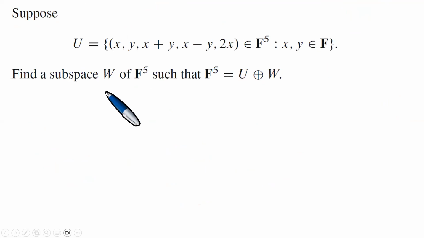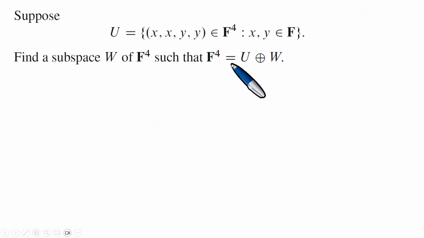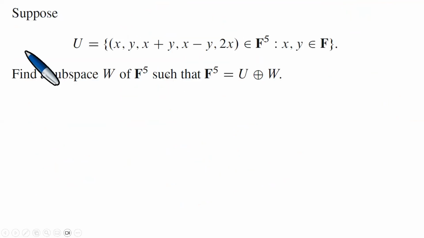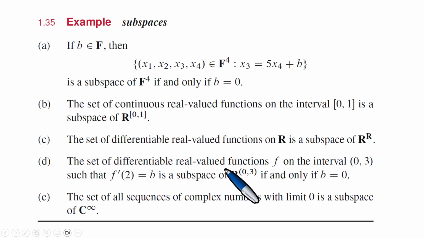I spent a lot on the subspace questions because tomorrow there has to be a question that has a direct sum, like this one that says, suppose U is this, find a subspace W of F4 that is this way, and then another U, another one. This one is three of them. I also wanted to bring to your attention some other examples that are examinable.